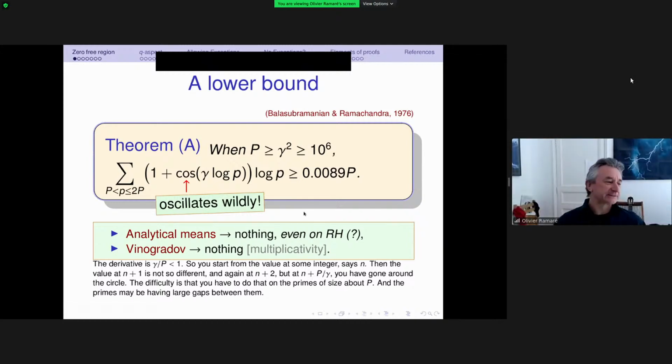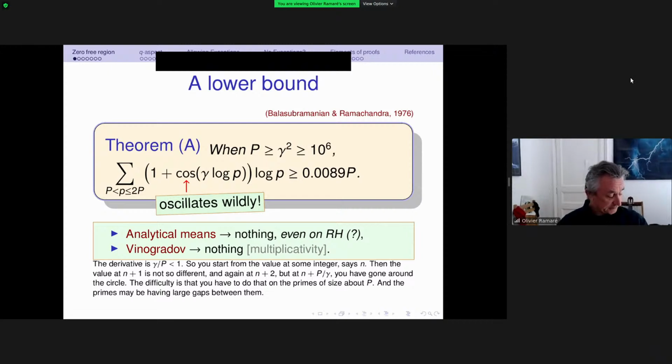So after the integer n goes through an interval of size P over gamma, you end up on the other side of the circle, and you don't know exactly where you are. So you have to work on this in small intervals of size P over gamma. When you have integers, you can do things. But when you have primes, you may have gaps between primes, and you don't know exactly where the next prime is.